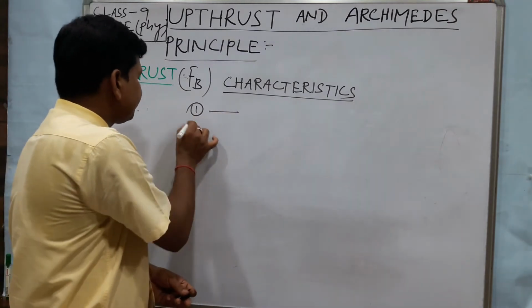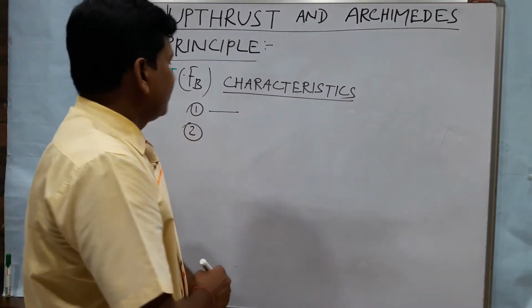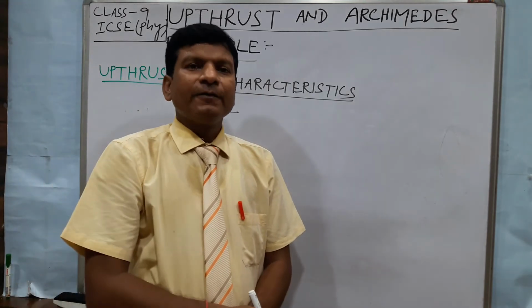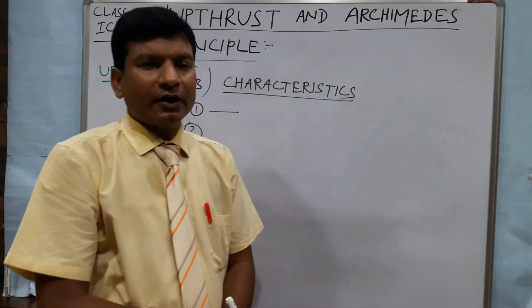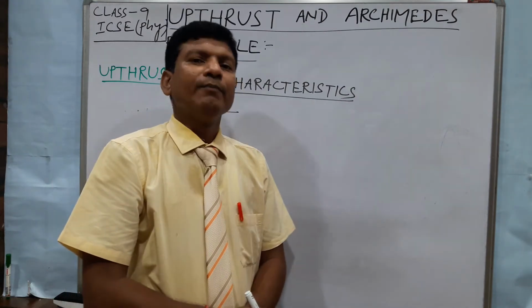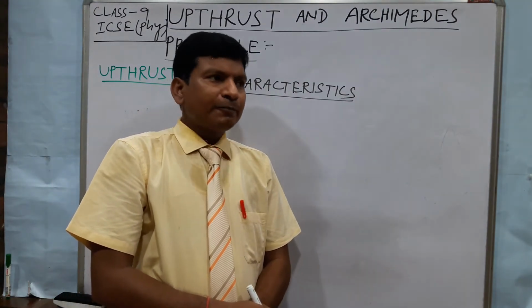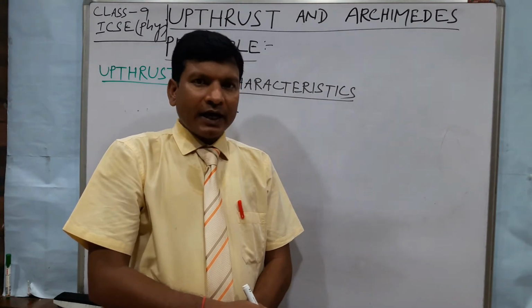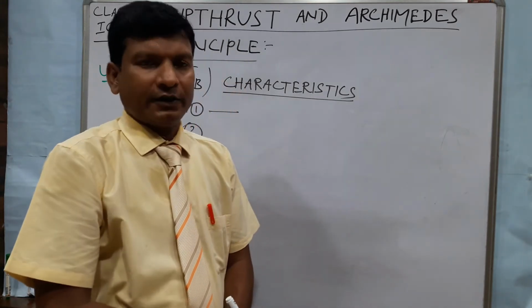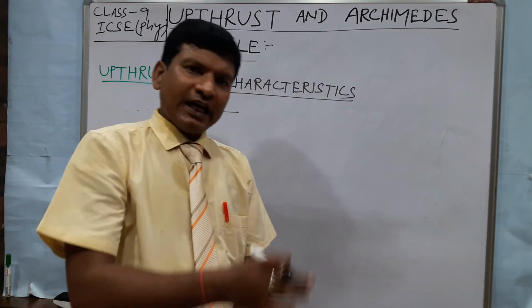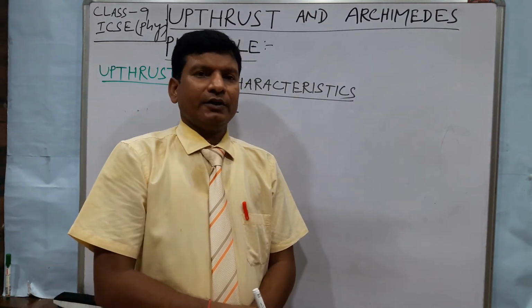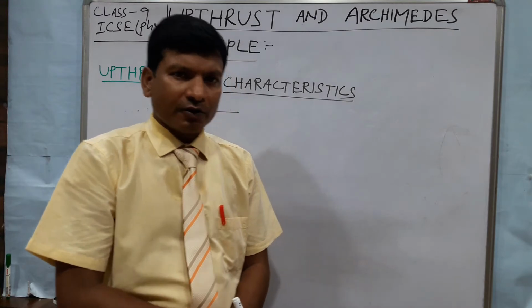Now number two, the upthrust will be more if the density of the liquid, or the density of the fluid, is more. For example, if you compare the upthrust at a certain height in river water to that at the same height in sea water, in which case will the upthrust be more?